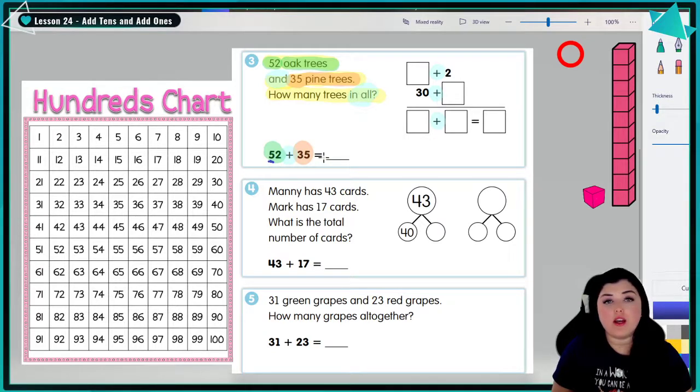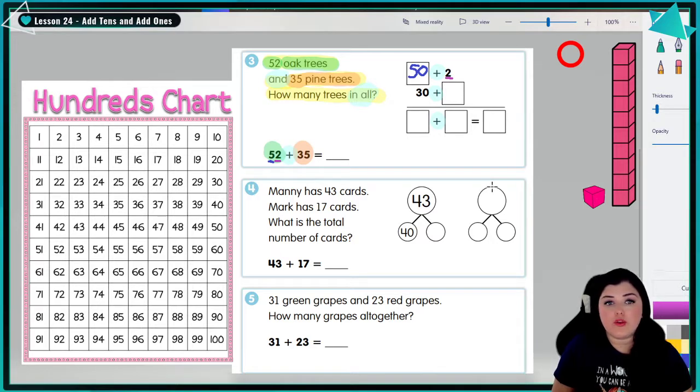And I know if I have 5 groups of 10, 10, 20, 30, 40, 50, 5 groups of 10 makes the number 50. So I'm going to write out 50. Because 50 plus 2 more makes my number 52. The 2 is from the ones.